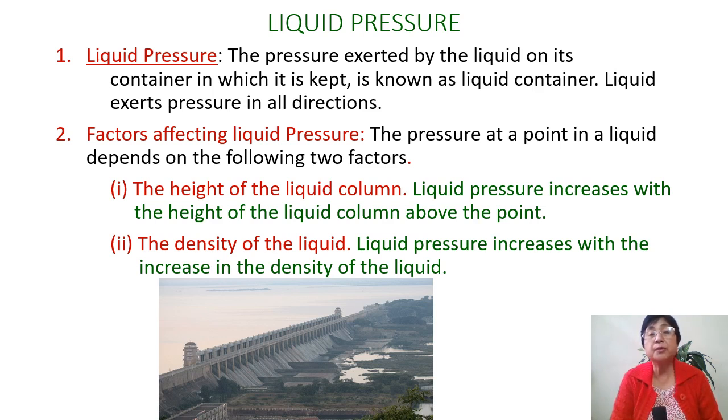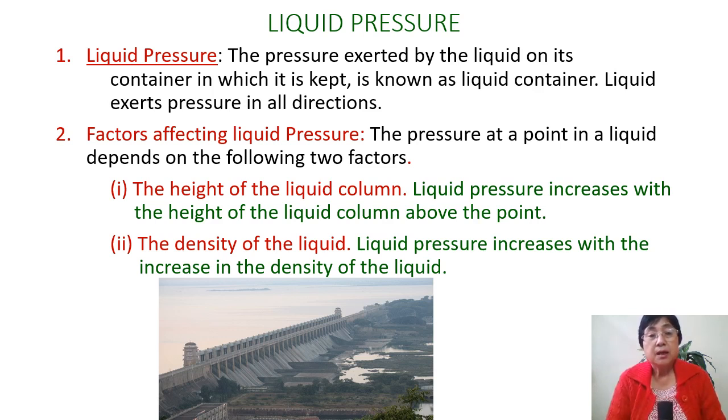This is liquid pressure. Liquid exerts pressure in all directions. Okay, very important. The pressure exerted by a liquid in its container in which it is kept is known as liquid pressure. Liquid exerts pressure in all directions.